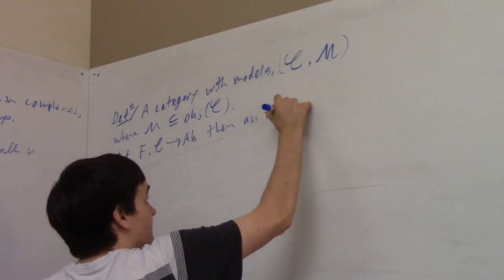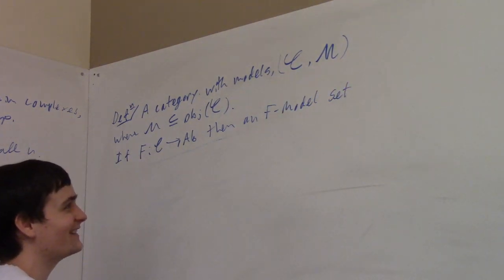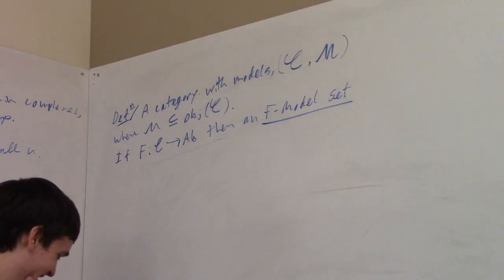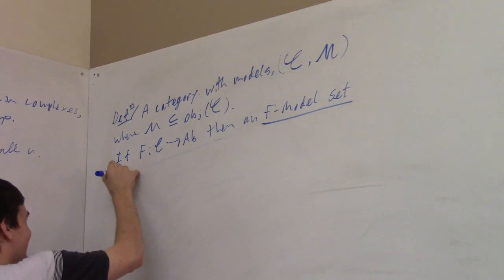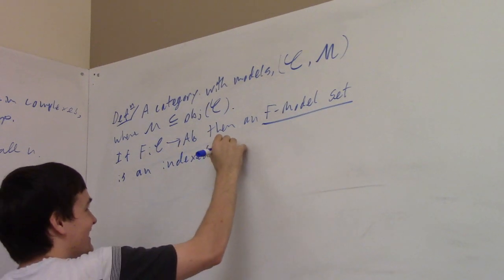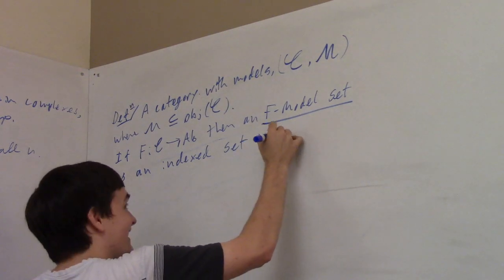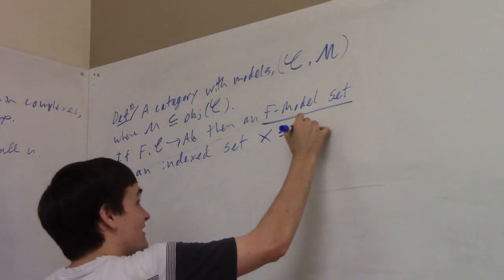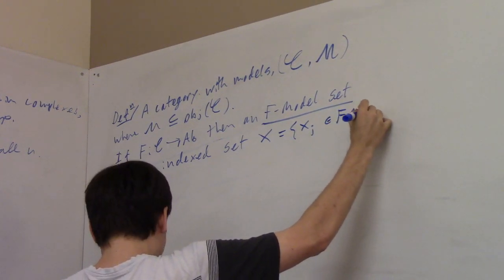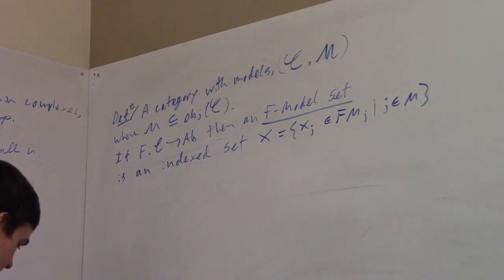And then the F model set is an index set, X equals X sub j, an element of F of M sub j, such that j is an element of the index set.